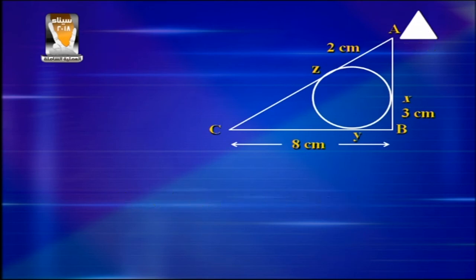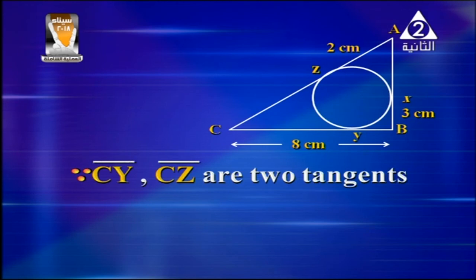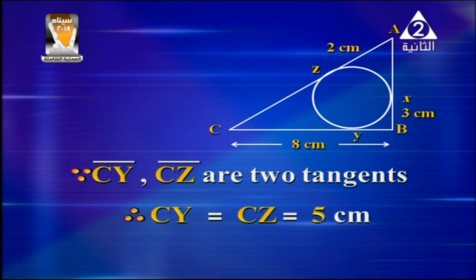As CY and CZ are two tangents to the circle, we can say that CY equals CZ equals 5 centimeters. So CZ is 5 centimeters. Then what about AZ and AX?